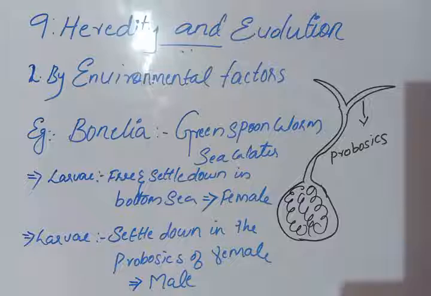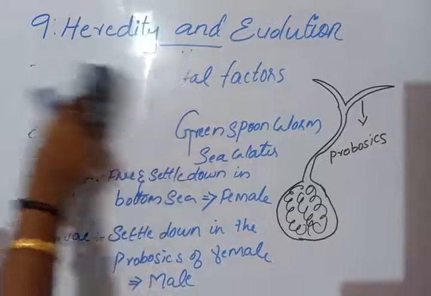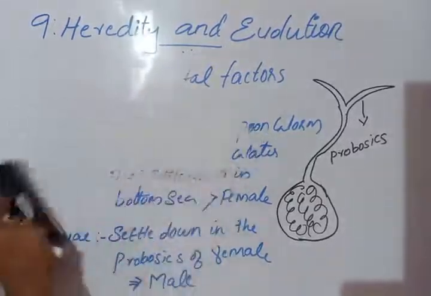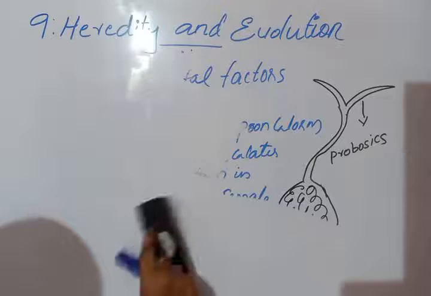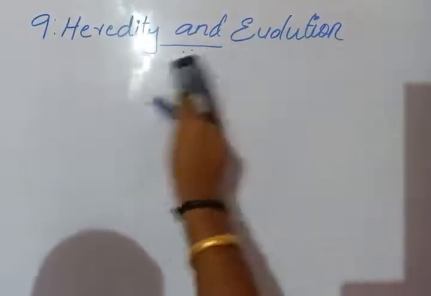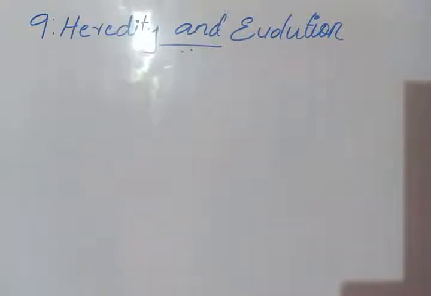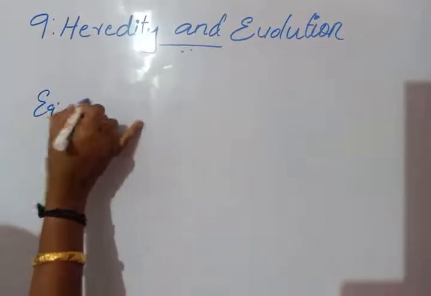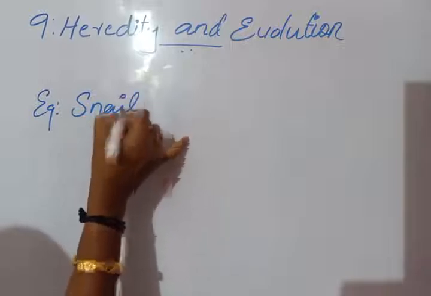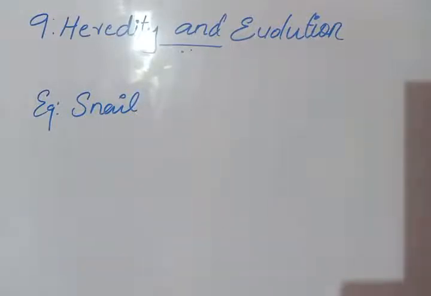Okay, there are some other animals. What happens to them is they have the ability to change their sex. So in some animals like snail, example snail. Okay, you will study the sex determination by snail in your higher classes. So some animals like snail, individuals can change sex.